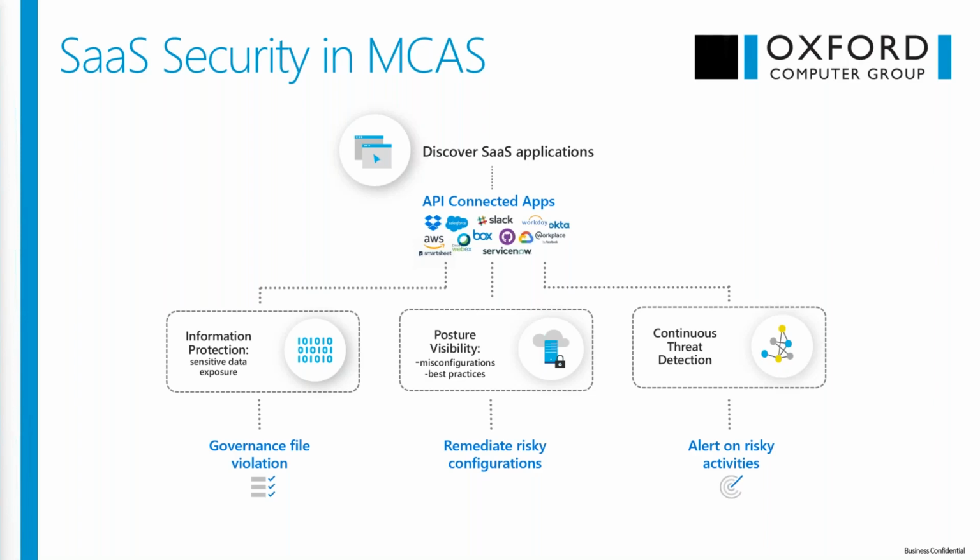So you can set up policies around files in the environment that may be sitting in OneDrive, in SharePoint, in Box, Dropbox, in Slack, in S3 buckets. You get the posture visibility, so any misconfigurations will surface and you'll be able to see where you may need to make some adjustments. And you get that continuous threat detection by connecting those apps.